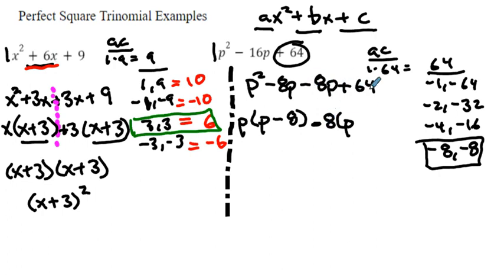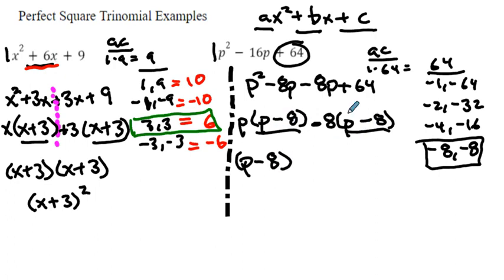And then -8 times what gives me positive 64? Well, another -8, right? Because -8 times positive 8 gives me negative 64, and I need a positive. Hopefully this should guide you towards what you should get. That's the whole idea of factoring by grouping.